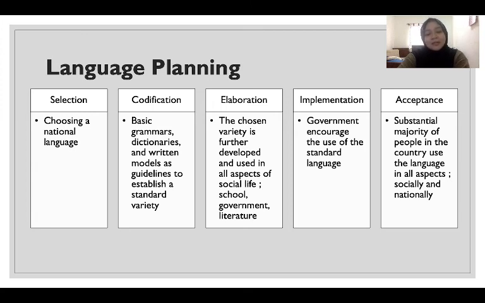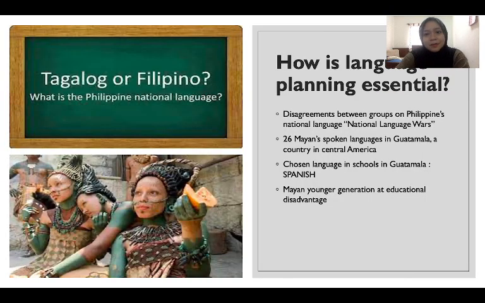So what happens when you don't plan for language planning? What could happen? For example, we could have disagreements. Like for example, there was once a war in the Philippines. It's known as the national language wars because they could not decide which language should be the Philippine national language.